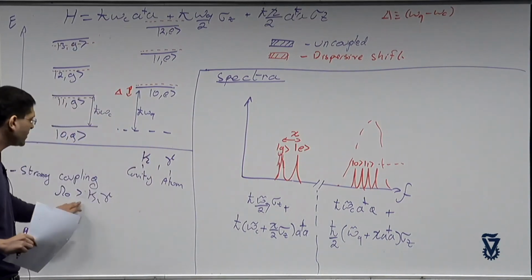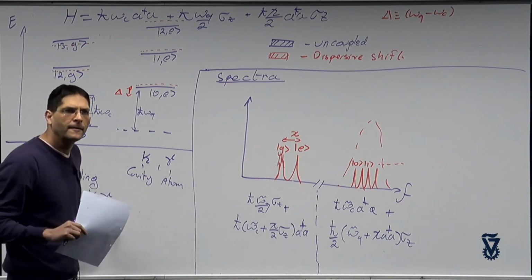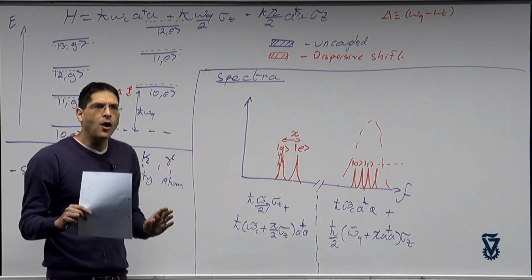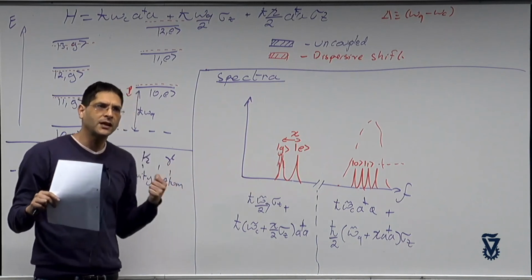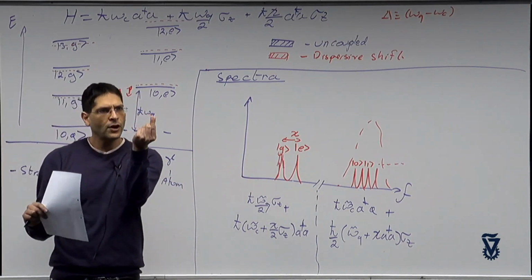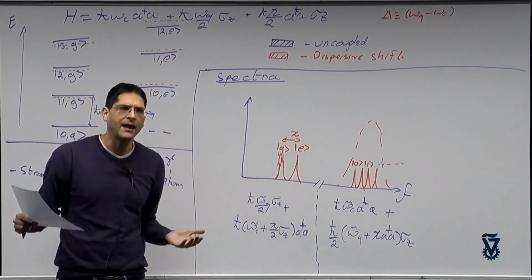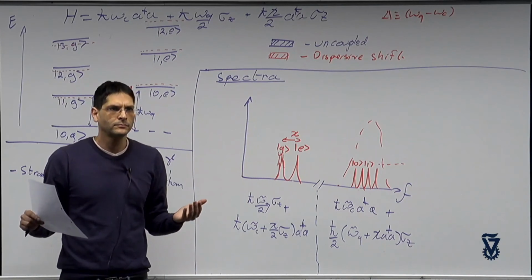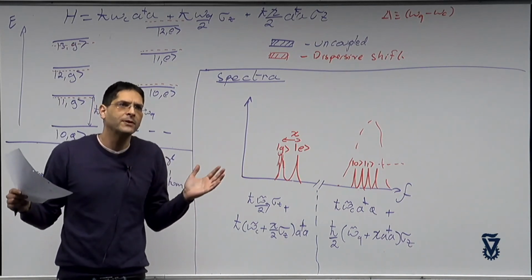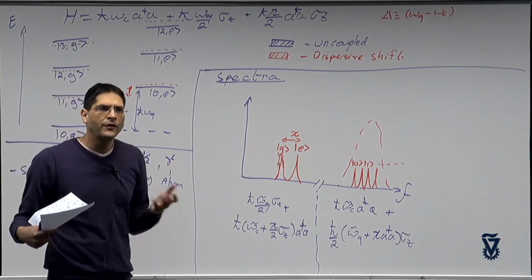If we're not even in this regime, if omega naught is smaller than these, then all that is happening due to the Jaynes-Cummings interaction is that the line widths get broadened, even on resonance. It just looks like a shorter lived atom. Okay, that's all that happens. We cannot see any manifestly quantum features.